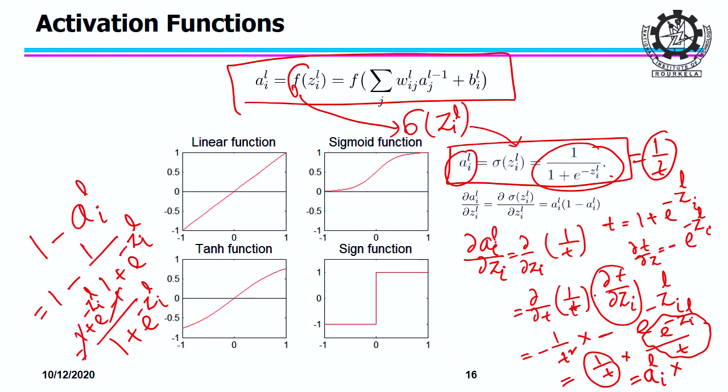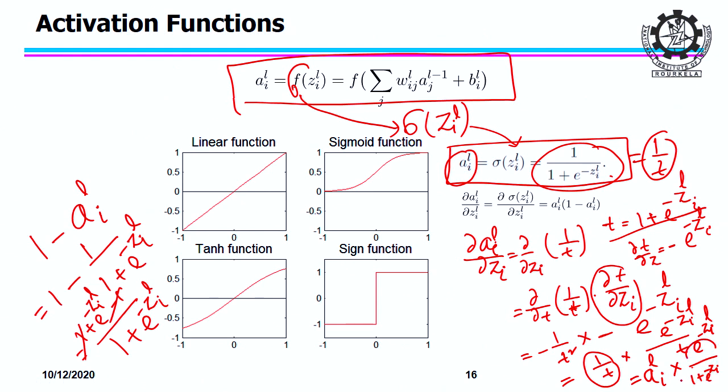So, this will cancel out. That means this is e to the power minus z I L by t. What is t? t is nothing but this part, 1 plus e to the power minus z I L, where somewhere I wrote t.